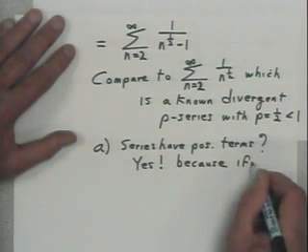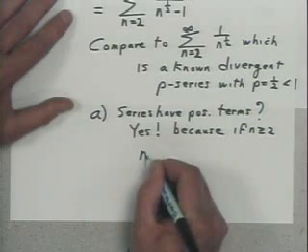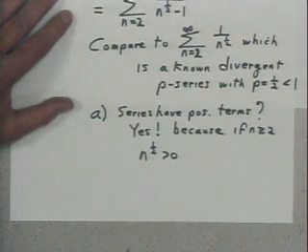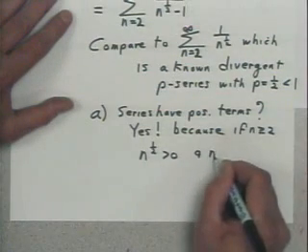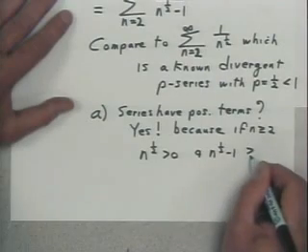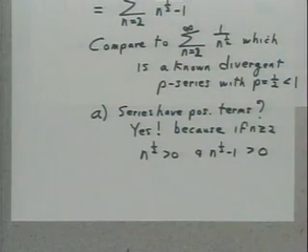Because if n is greater than or equal to 2, n to the 1/2 is greater than 0, and n to the 1/2 minus 1 is also greater than 0.